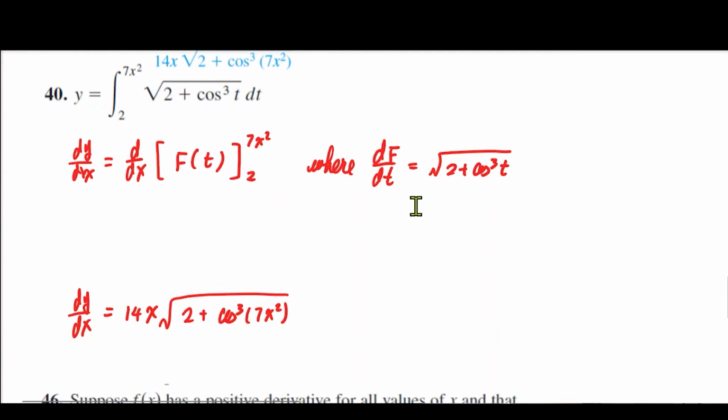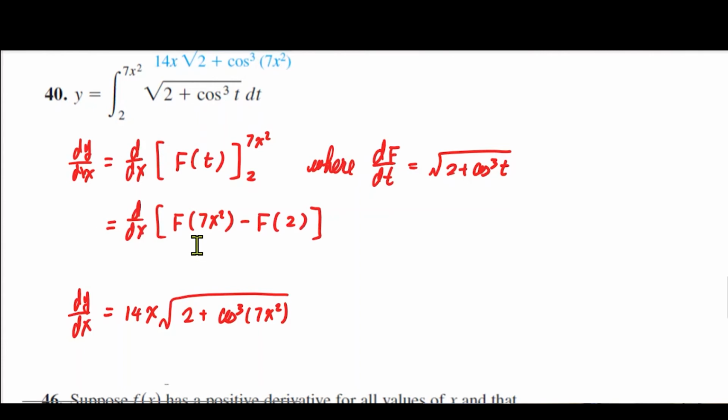That means capital F is the antiderivative of that thing inside. So far with me? Okay, now this is the derivative of, now we plug it in. So we plug this in, so we have F of 7x squared minus, and then plug in 2, so we have F of 2. You with me?